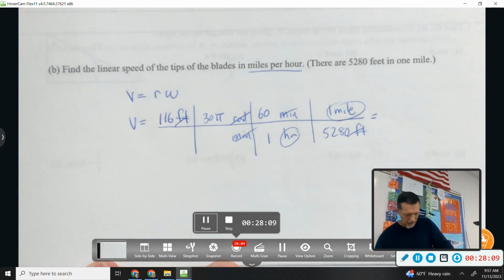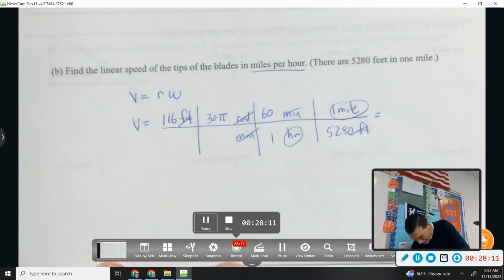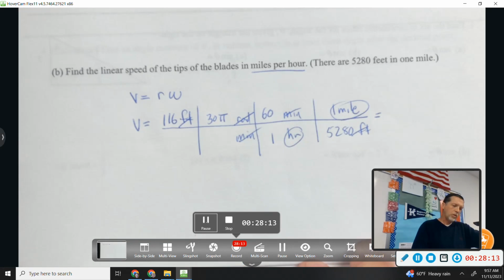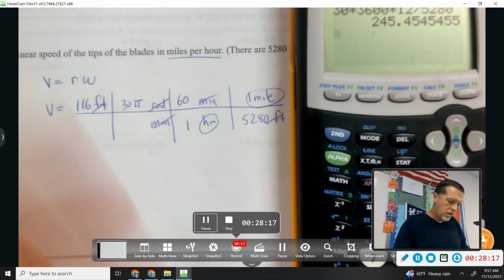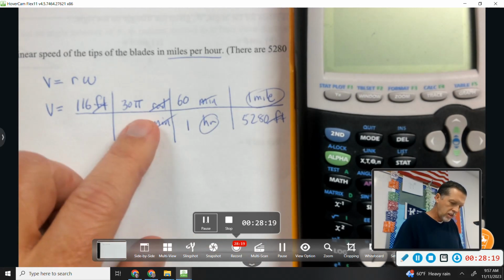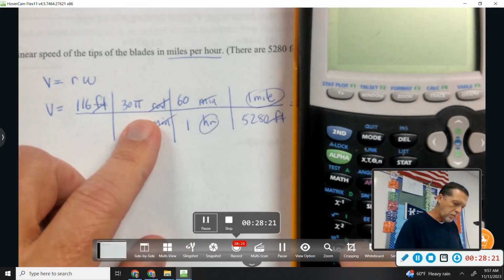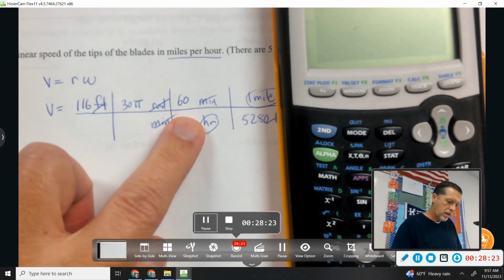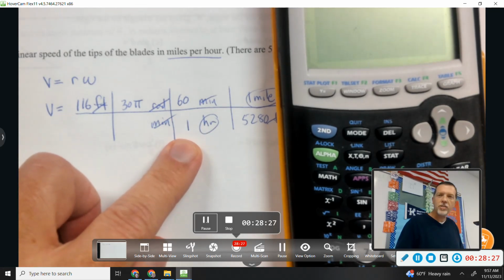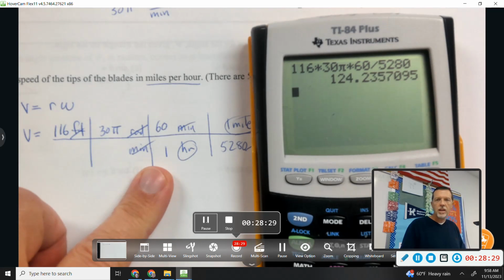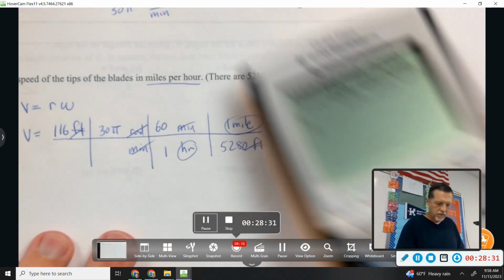But I want to know how fast is that thing moving. Looking for a calculator. So 116 times 30 pi times 60 divided by 5,280. 124 miles an hour.